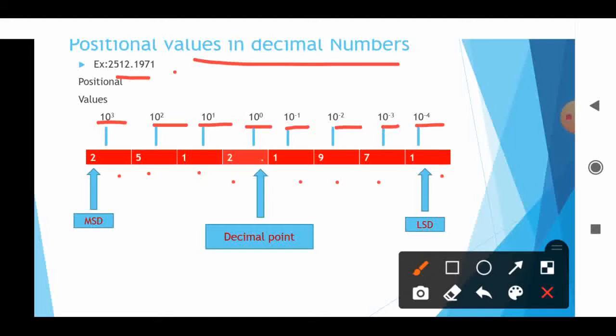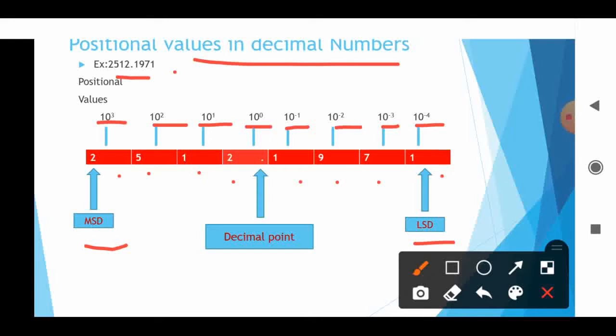Here the first digit is the most significant digit. MSD means most significant digit. LSD means least significant digit. Why do we call it the most significant digit?